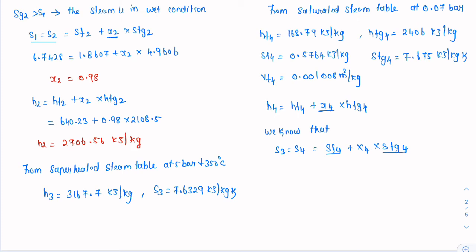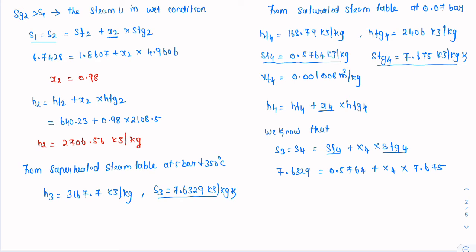So S3 is 7.6329, which is equal to 0.5764 plus X4, which is unknown, into 7.675.